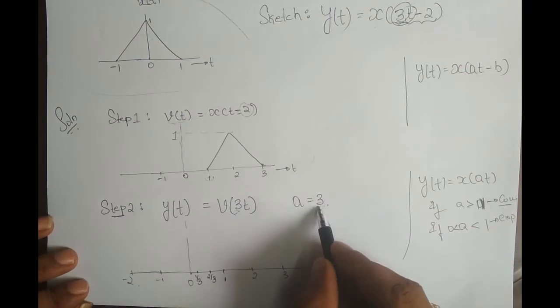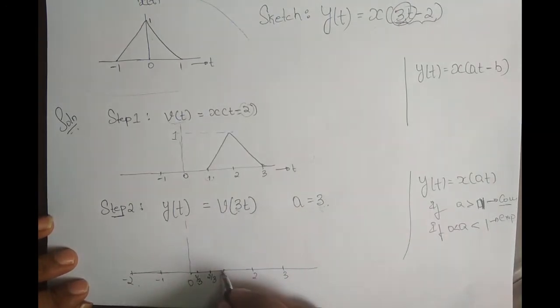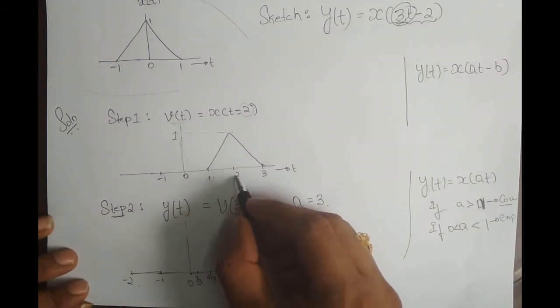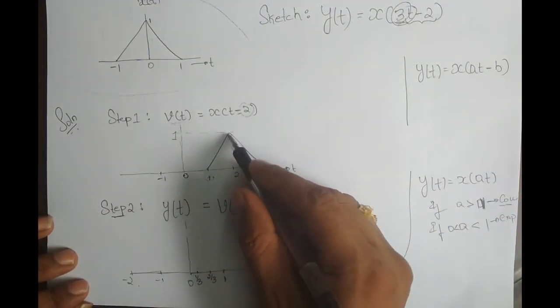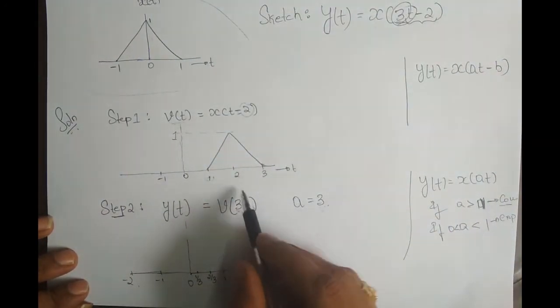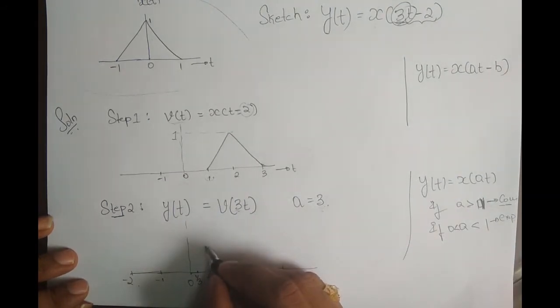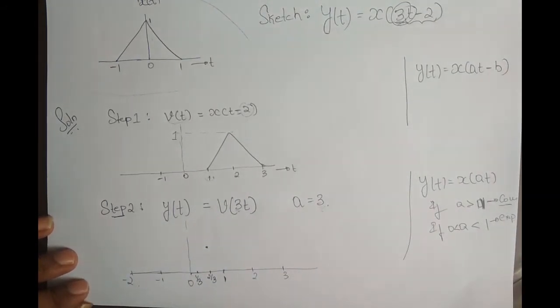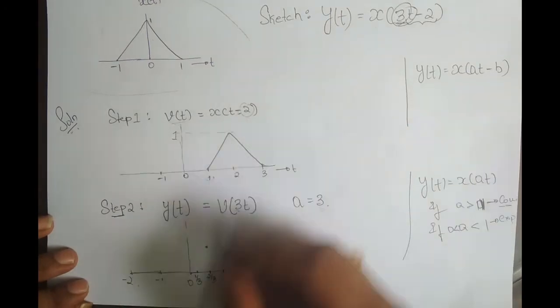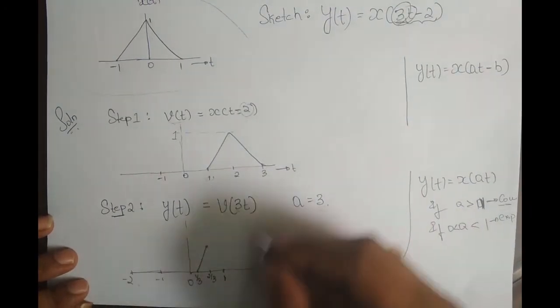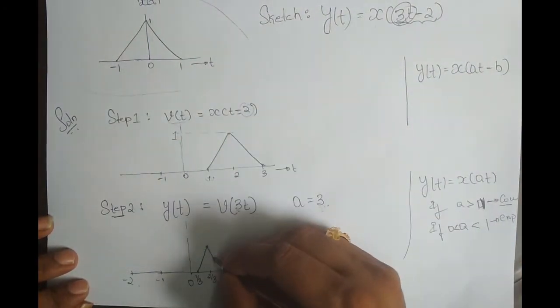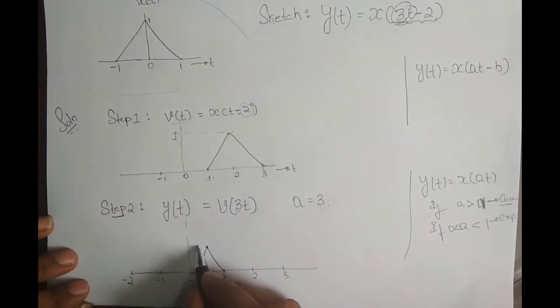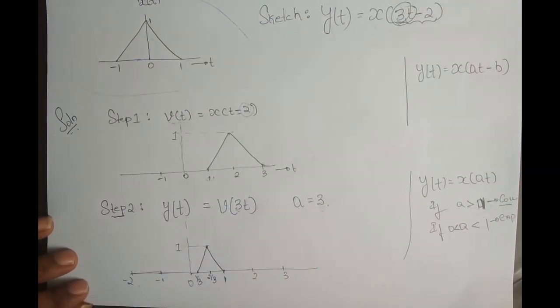And 3 into 1 by 3 is 3 by 3, which is 1, so I get 1 here. What is the amplitude at 2? It is 1, and at 2 by 3 it remains the same. So the amplitude does not change. From 1 by 3 it increases, and from here to here it is decreasing, and the amplitude is the same, which is 1.